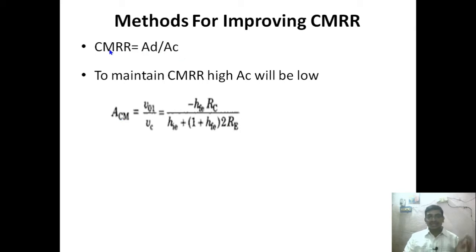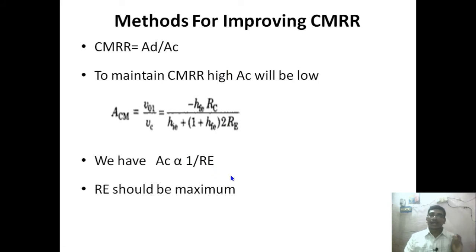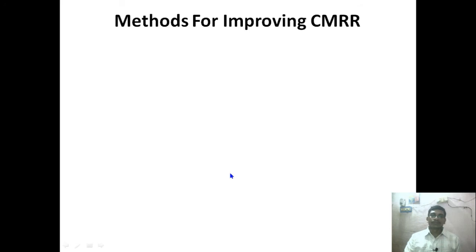So if we want to increase the common mode rejection ratio value, then definitely we have to increase the value of RE. If we increase the emitter resistance value, we get a higher CMRR value. Therefore ACM is inversely proportional to the emitter resistance RE, so RE should be maximum.